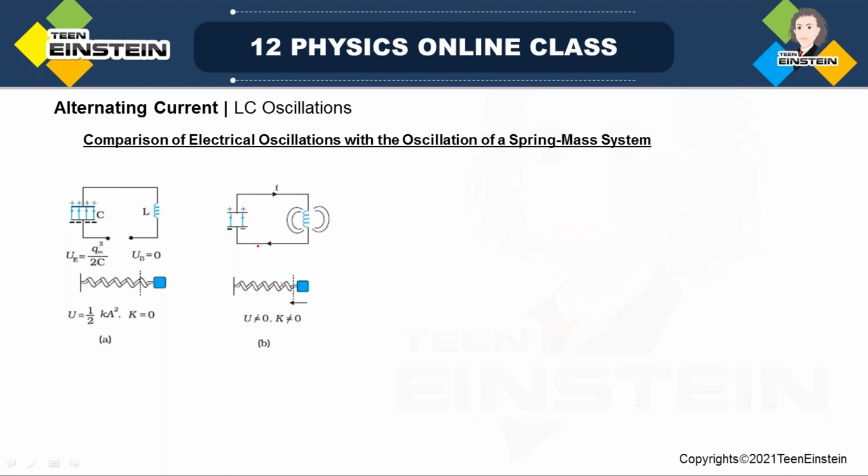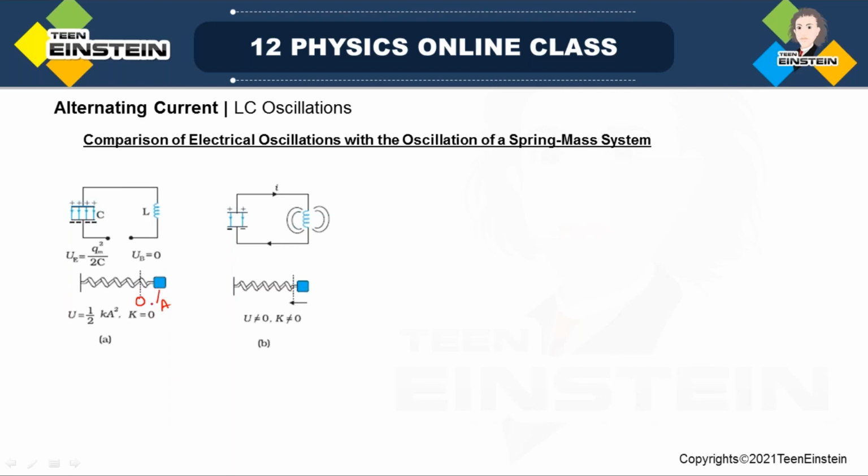Look at this configuration. This is compared to the spring block system when it is stretched. In the beginning it is stretched. Suppose this is the condition A which I explained just a few minutes back. This is the equilibrium position O. Now it is at A, that means it is in the completely stretched condition.